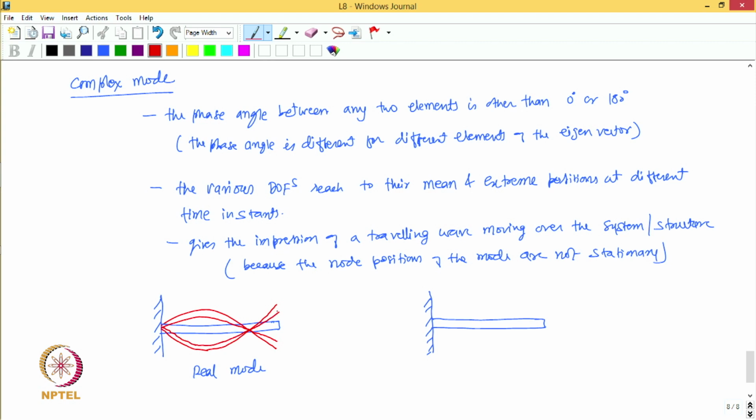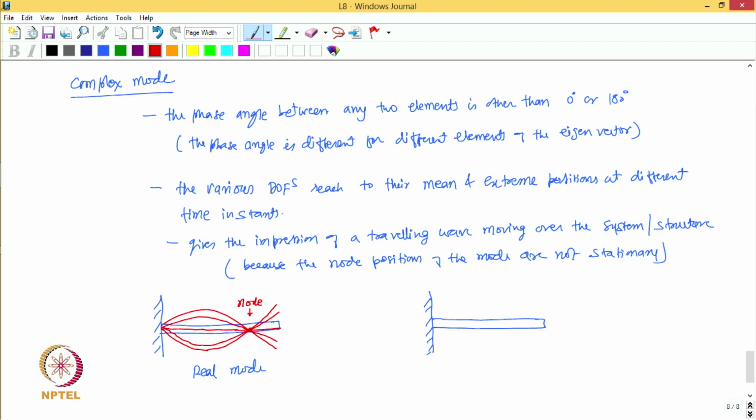Okay. So, what we see is that at the mean position and at other time instants the displacement at this point is 0, and this basically forms the node of this particular mode, right.